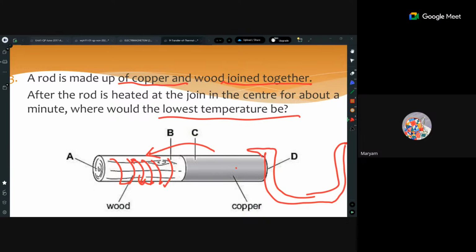Why B? Because I think it's going to be A. Yes, I think it will be A. Yeah, but then B is still wood. Okay, but that is near to the heat source. It would be heated a little bit, but A is just far away. I get it.